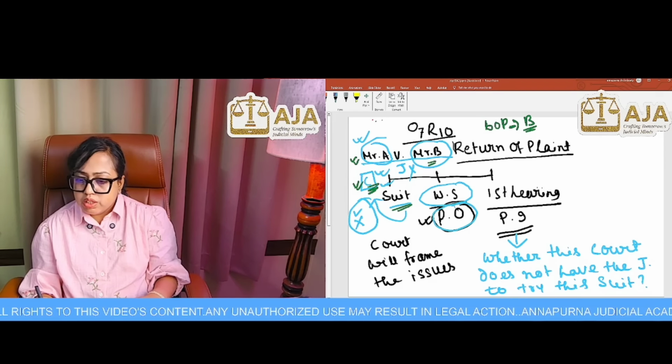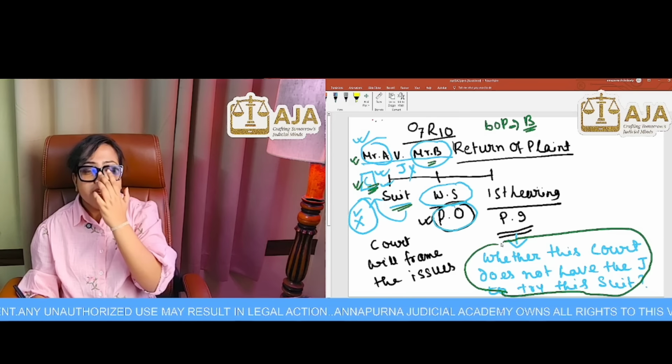Okay. Now coming back to this point, that is court frames this preliminary issue.